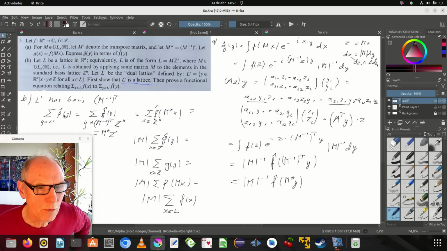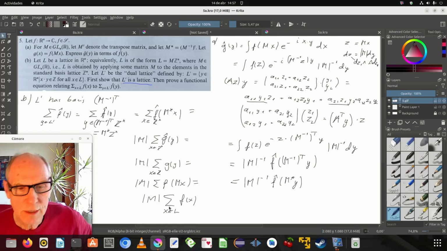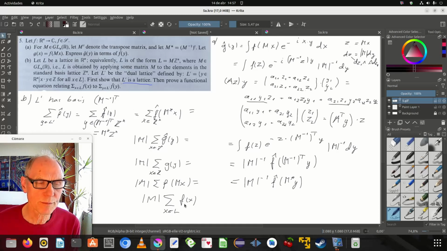So the sum over the lattice is the norm of the dual lattice times the determinant of the lattice, the original one.